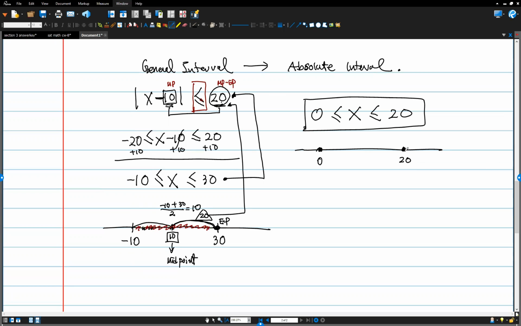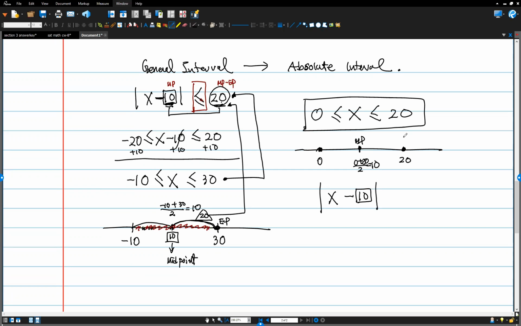The idea is we need to find the midpoint first. 0 plus 20 divided by 2 is 10, that is the midpoint. So absolute value of x minus the midpoint, move up here. That's it.